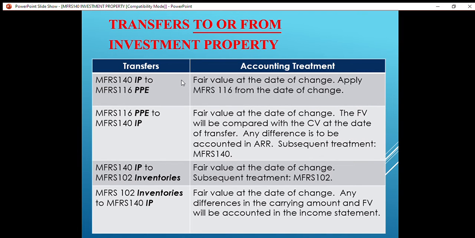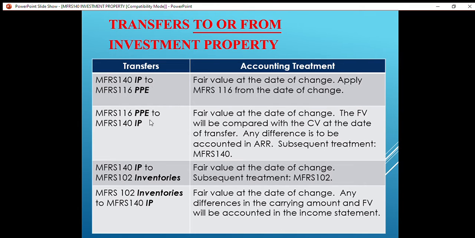So for this type of transfer from IP to PPE, the accounting treatment is like this: the fair value will be used at the date of change, and the entity should apply MFRS 116 from the date of change. So this is the accounting treatment for the transfer from IP to PPE.